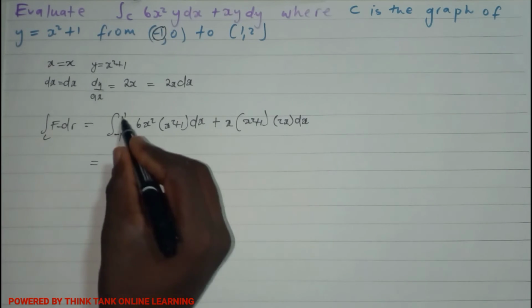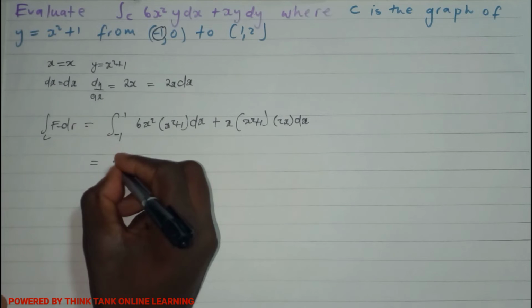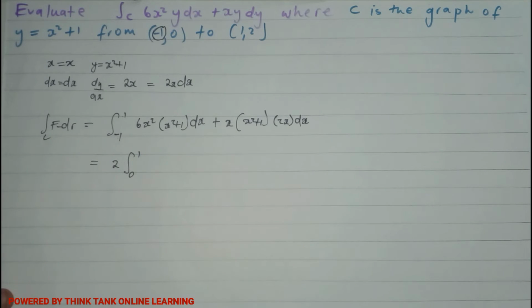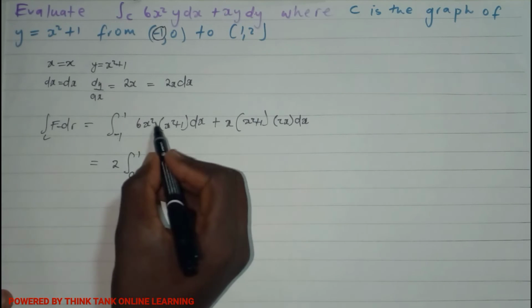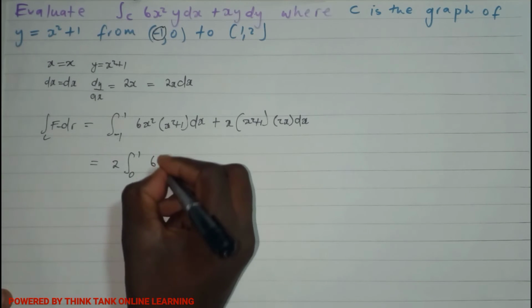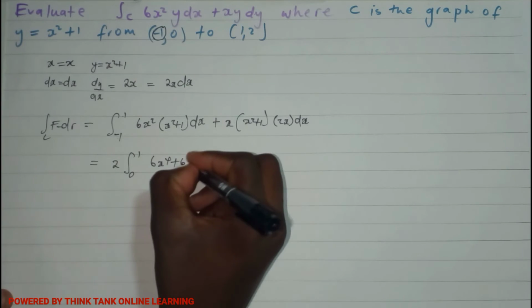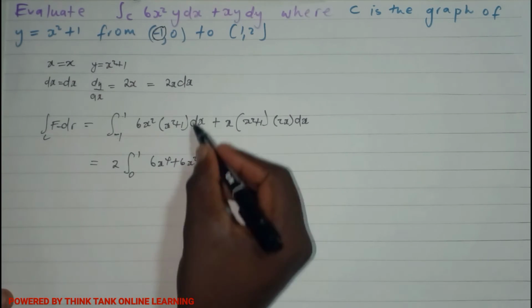If we're given limits like this, I think I can just say 2 times 0 to 1. Now we're going to get 6x to the power 4 plus 6x squared. I think we should factor out the x.